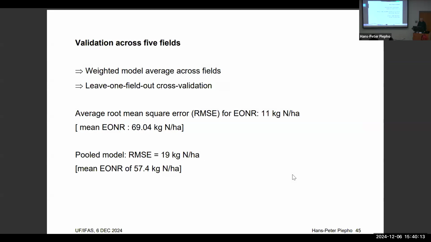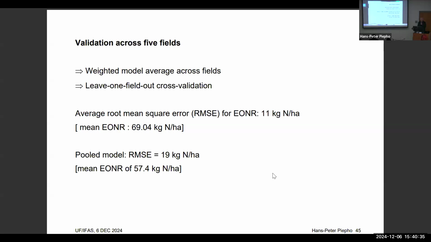We've done some cross-validation. He had five fields. He had a couple more, but he picked five that really gave nice results and were from the same farm. Here also we used the model averaging idea. So we fitted this kind of model for each of the fields, and then we averaged.